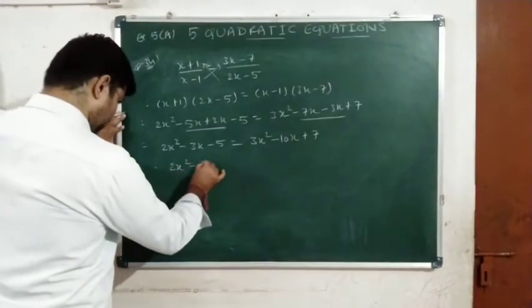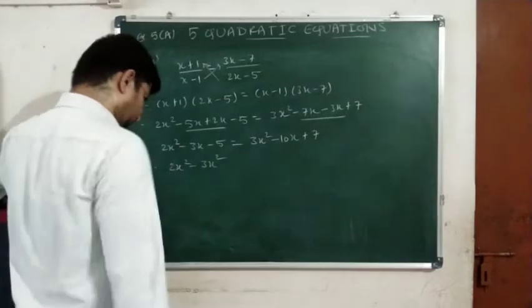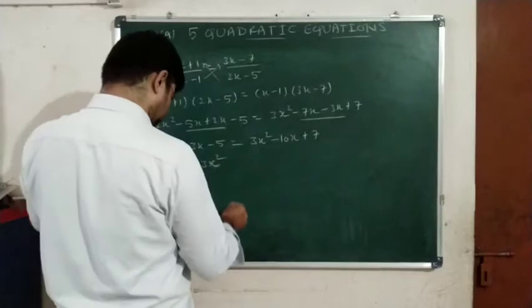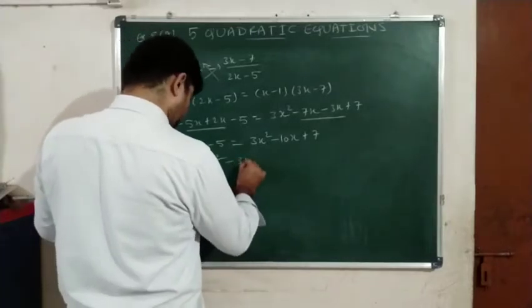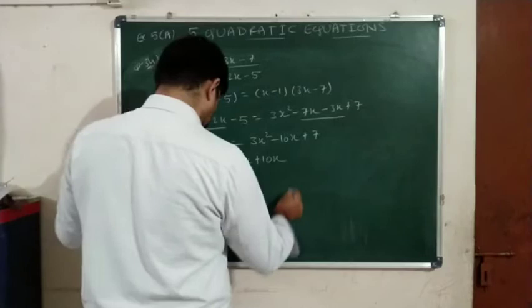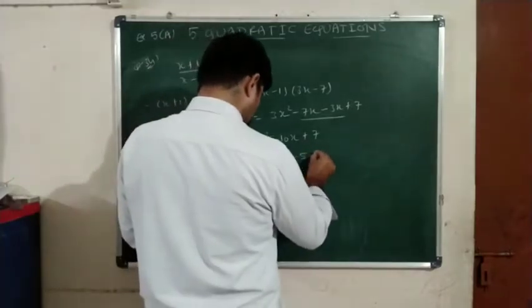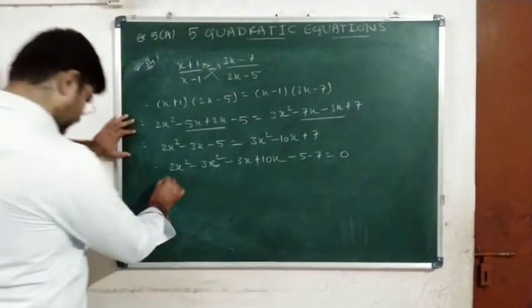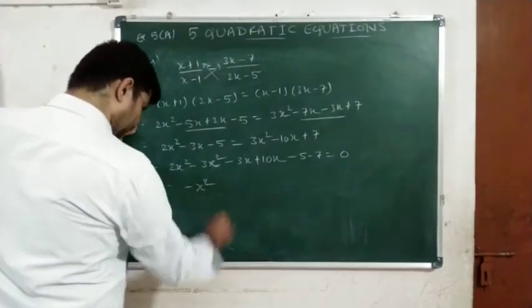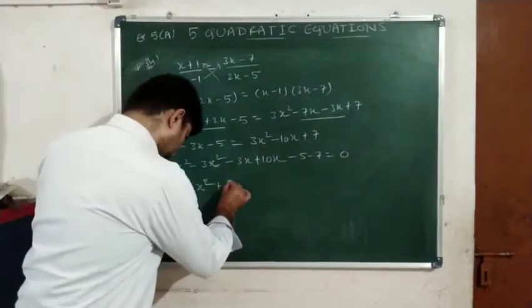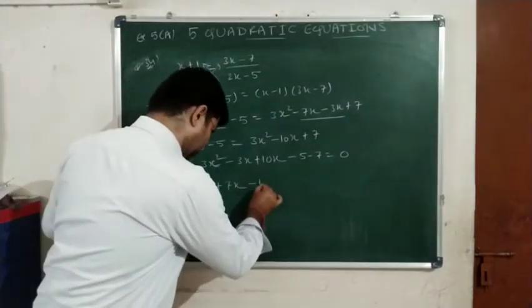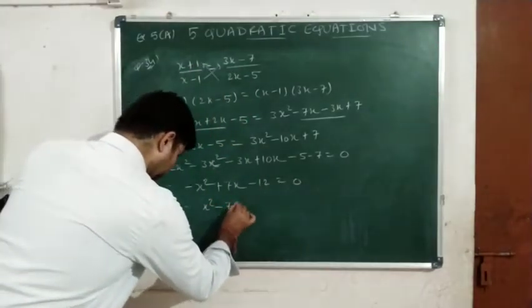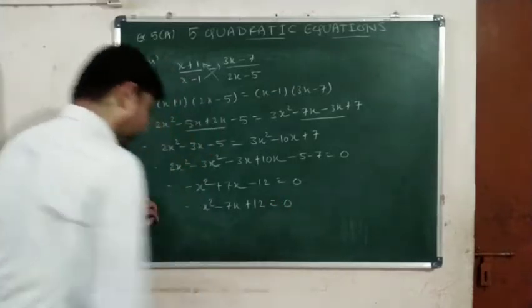Therefore 2x square minus 3x square, minus 3x plus 10x, minus 5 minus 7 is equal to 0. Therefore minus x square plus 7x minus 12 is equal to 0. x square minus 7x plus 12.